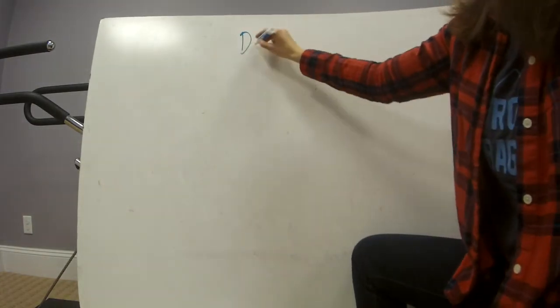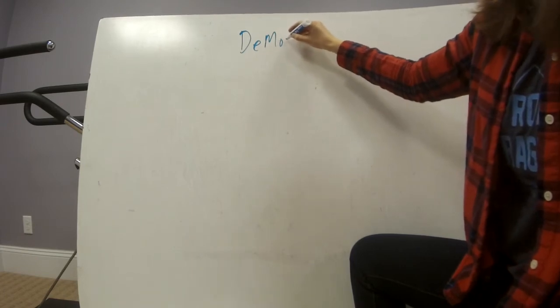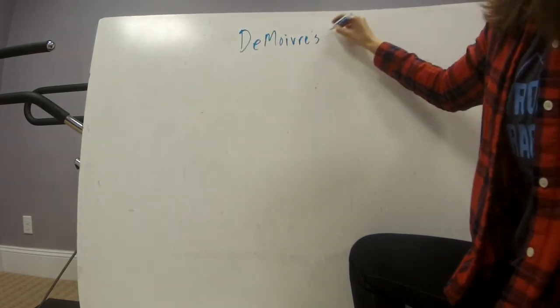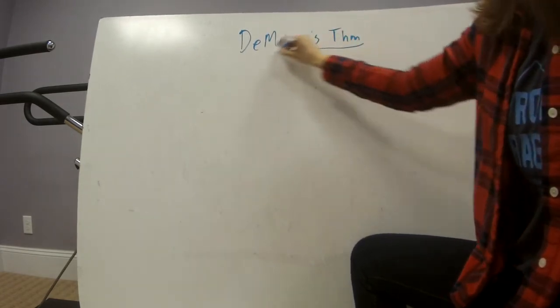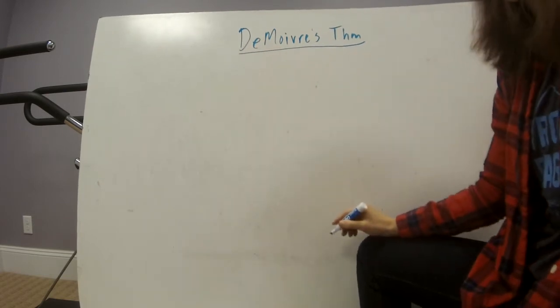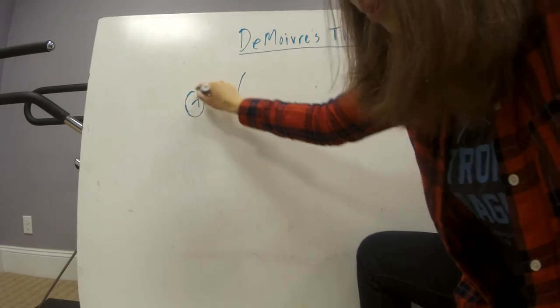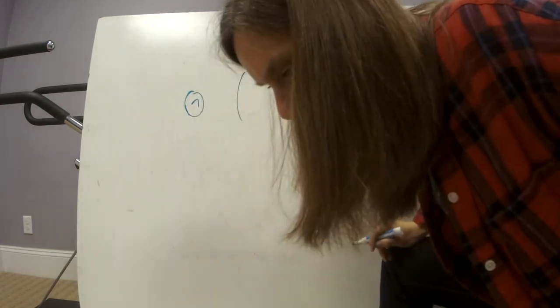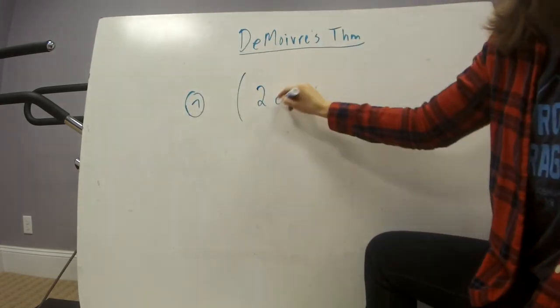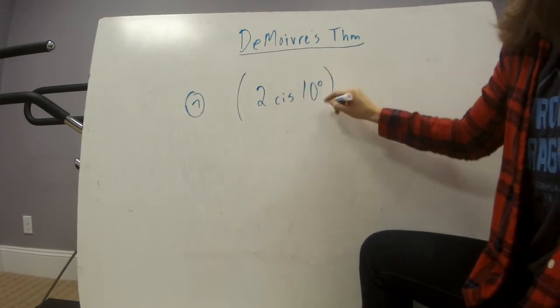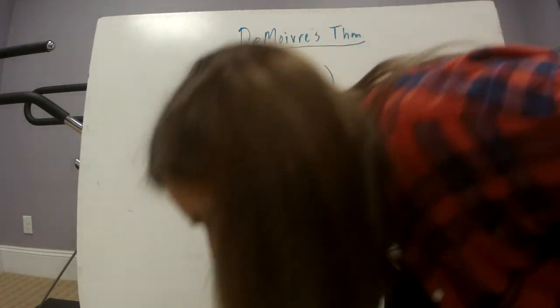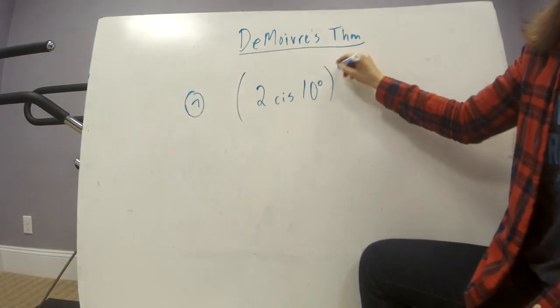So de Moivre's theorem, big guy's name, but basically his theorem is saying that if you've got a cis number, I'm going to do number 17, but I'm going to do it in cis form. So instead of writing 2 cosine 10 plus i sine 10, I'm just going to do 2 cis 10, saying that this thing is to the 6th power.